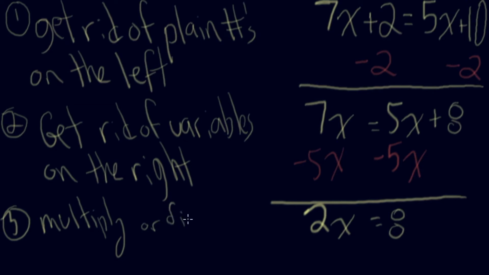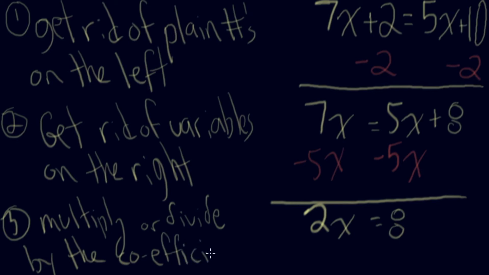Multiply or divide by the coefficient on the left. These are some fancy words. So the coefficient is just that number that's in front of the x. So by the coefficient on the left side, I must write small and fit it in. There we go. So I'm going to go and divide both sides by 2.